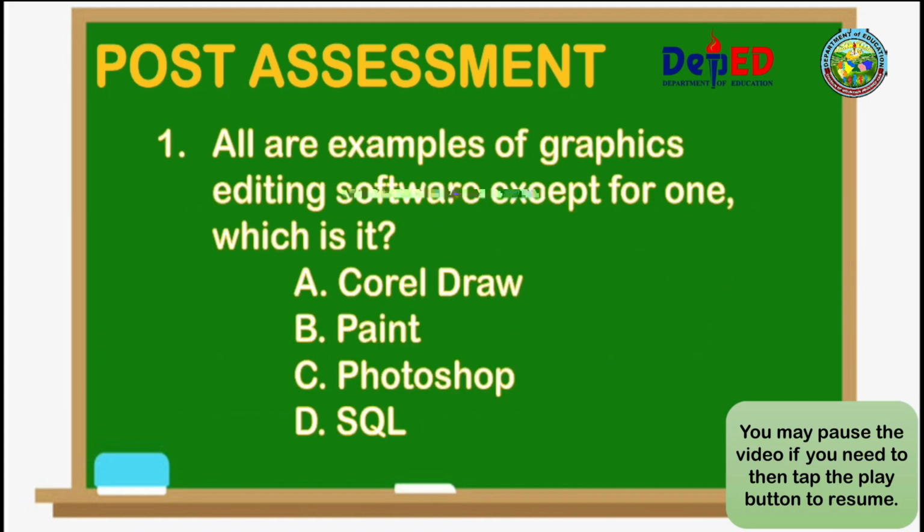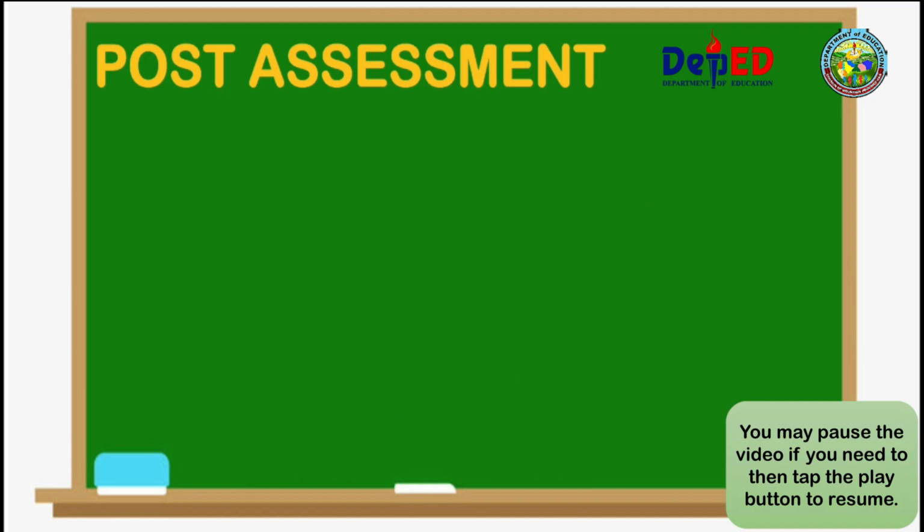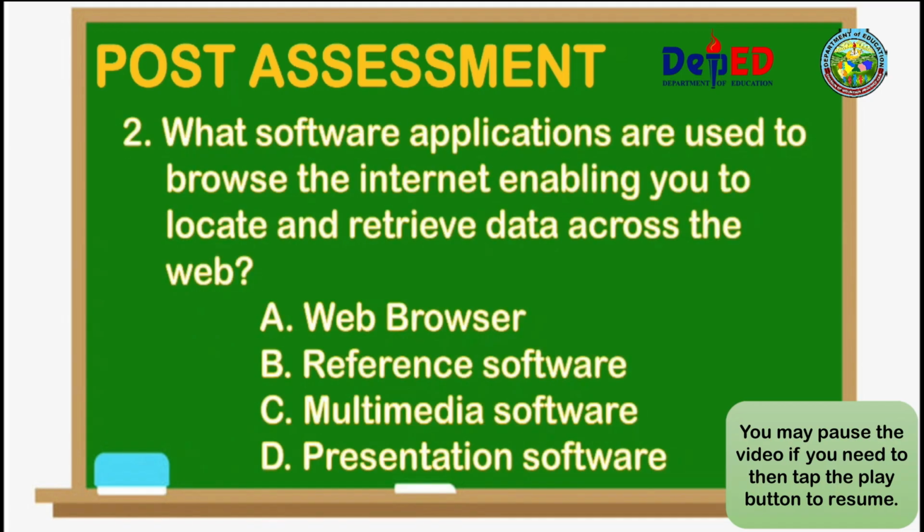Number 1. All are examples of graphics editing software except for one. Which is it? A. CorelDRAW, B. Paint, C. Photoshop, or D. SQL? The correct answer is D. SQL. Number 2.